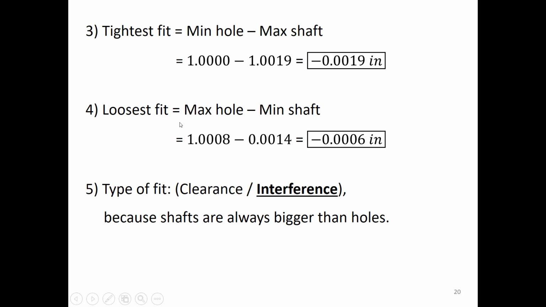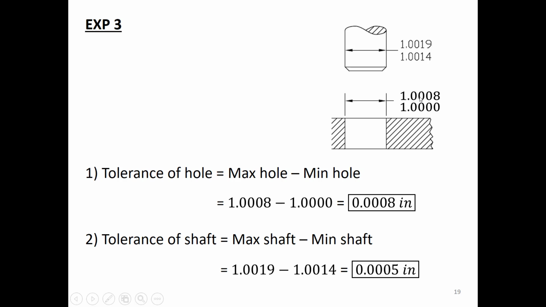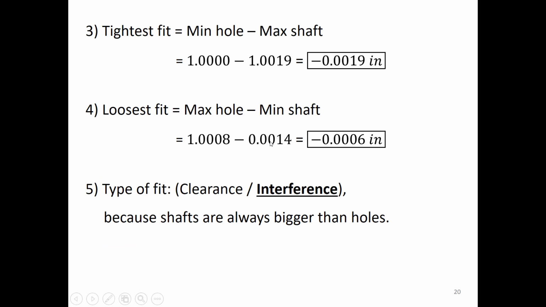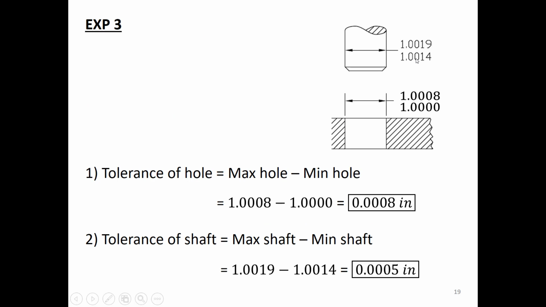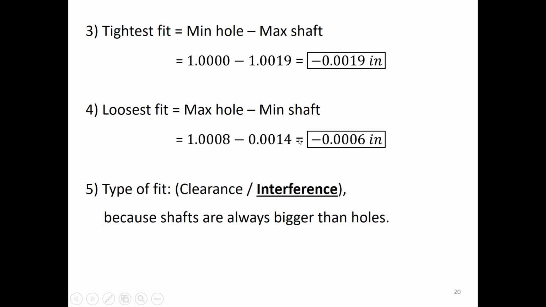And the loosest fit is going to be the biggest hole and the smallest shaft. The biggest hole is this number, and the smallest shaft is this number. If you subtract them, you're expecting a negative number as well, because it's an interference fit.